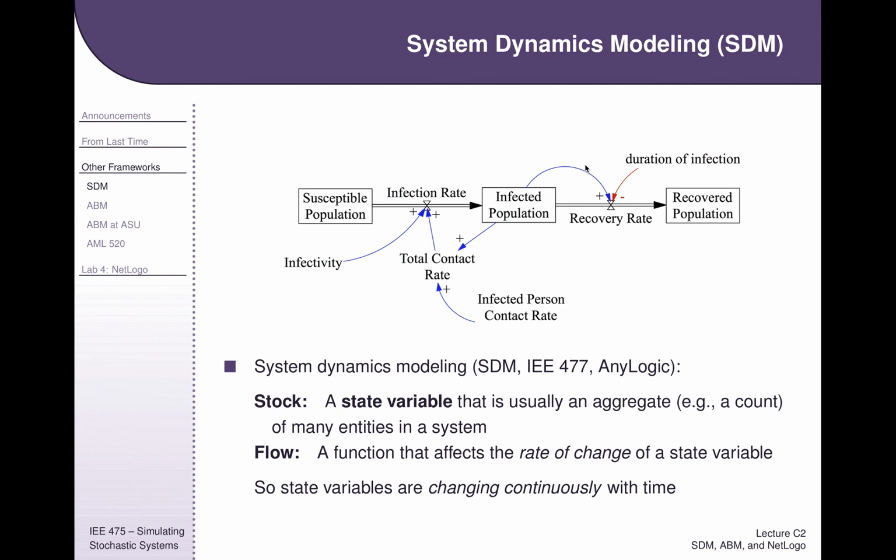And so this is a negative feedback loop. So as you get more infecteds, you increase the infection rate, which brings you more infecteds. That's what I mean by positive feedback. Whereas here, as you increase the infecteds, that's going to increase the recovery rate, which will decrease the infecteds. And so this is your negative feedback loop.